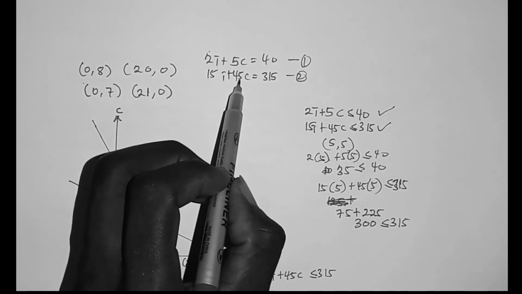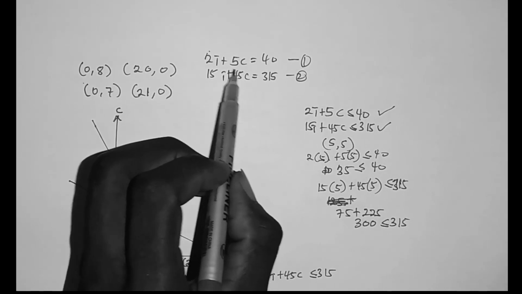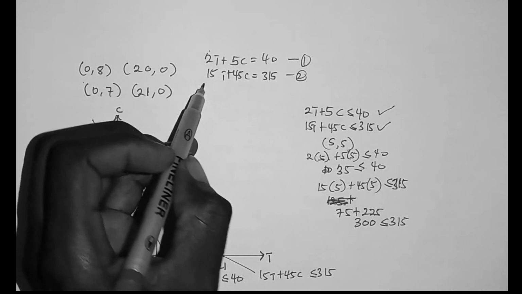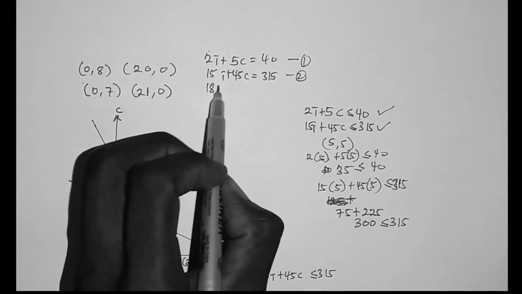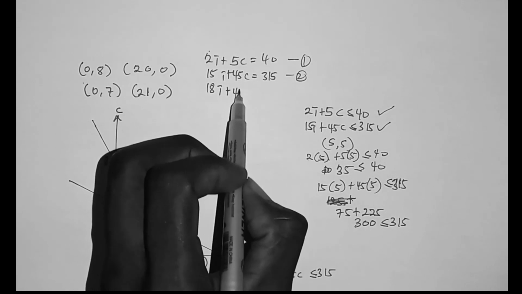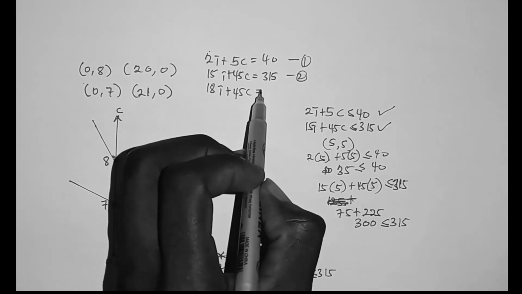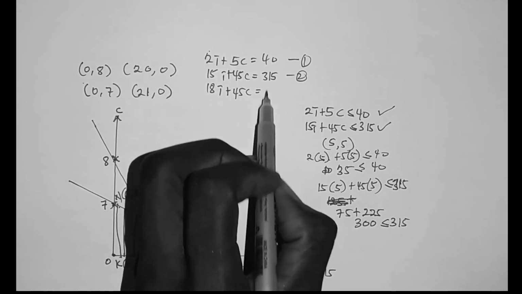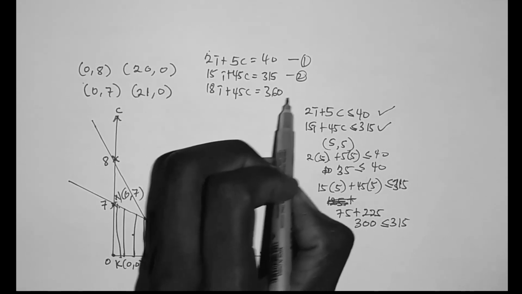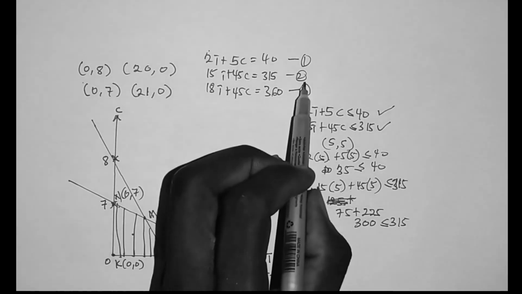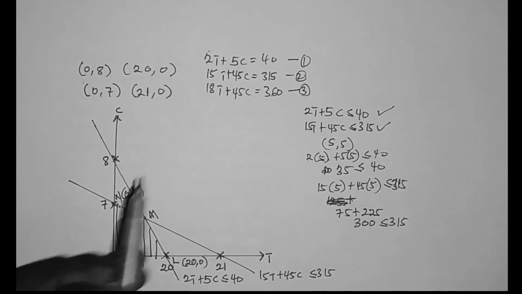So this is 5C and this is 45C. So let's multiply equation 1 by 9. 2 times 9 is 18, 18T plus 9 times 5 is 45C equals 9 times 40, which gives us 360. So this becomes equation 3. Then let's subtract equation 2 from equation 3.